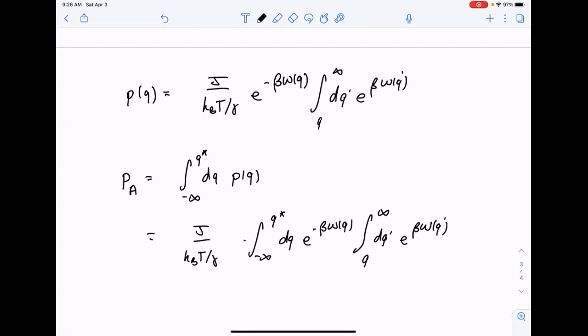Now look at this. This is quite nice. We've got a relationship between P of A and our flux J.